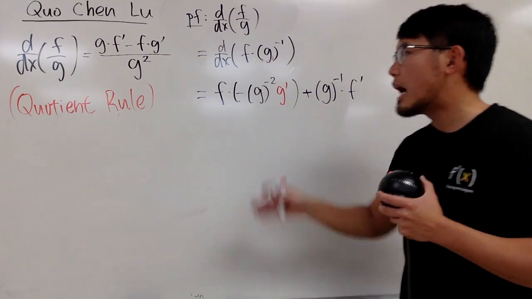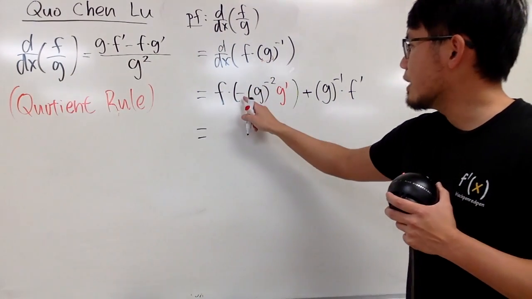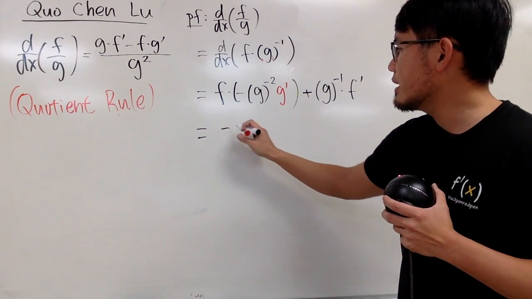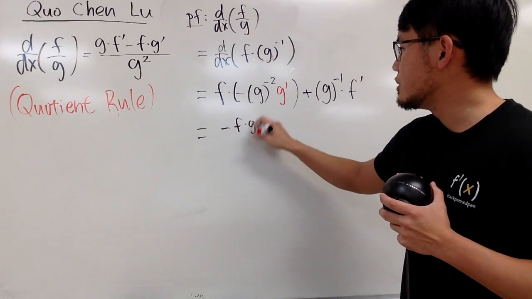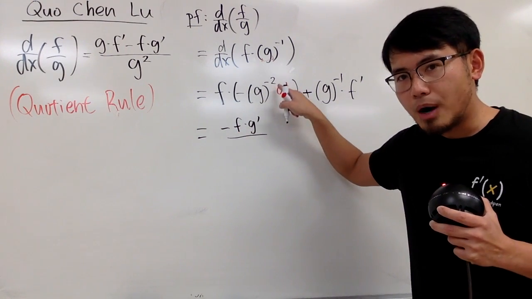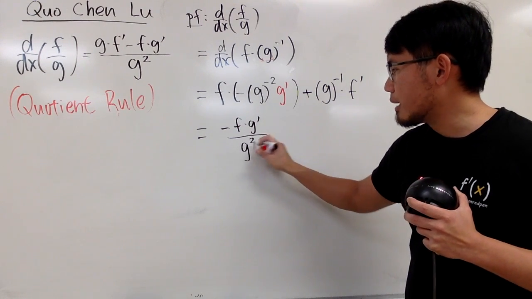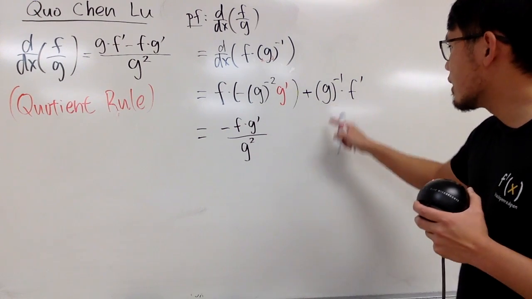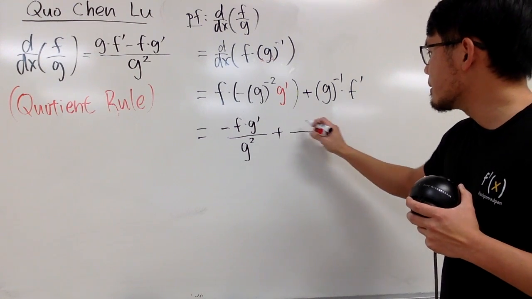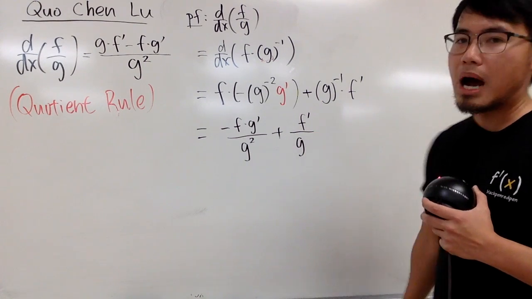And now we'll clean things up to make this look like that. Okay, first of all, we have negative times this times that on the top. So let me just put down negative f times g prime over g to the negative 2 power. We bring that down to the denominator. It becomes g to the positive 2 power. And then right here, we can say add, this right here is f prime on the top. And this goes down to the denominator, g to the first power.